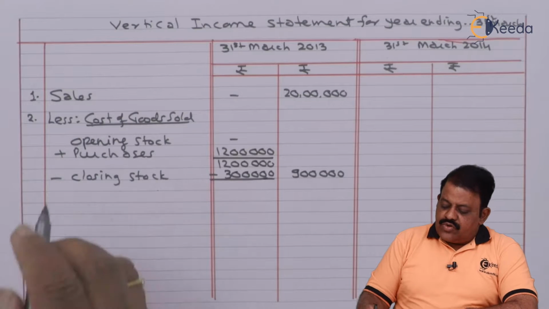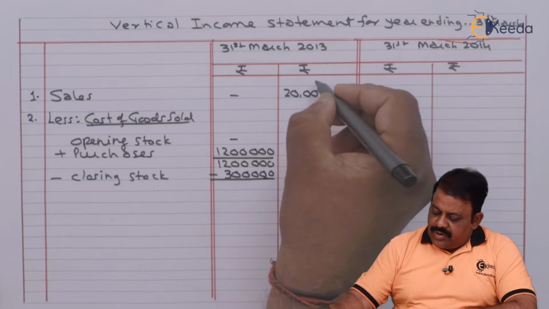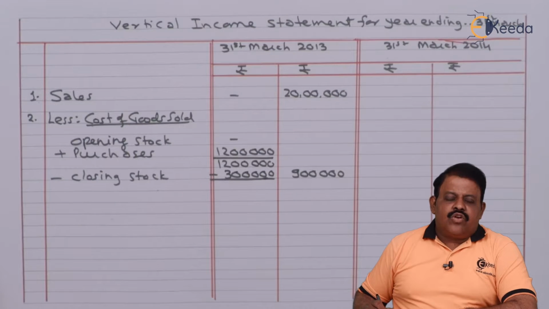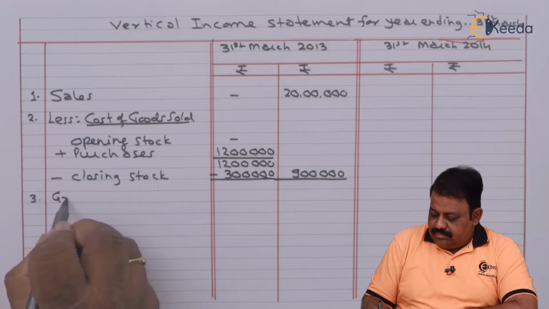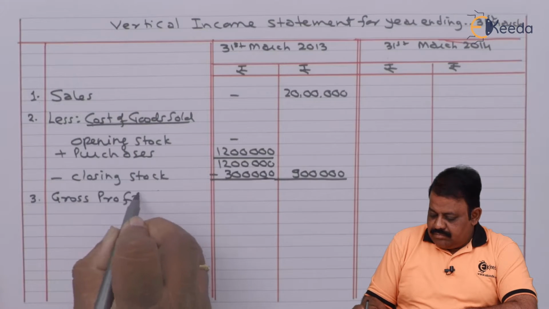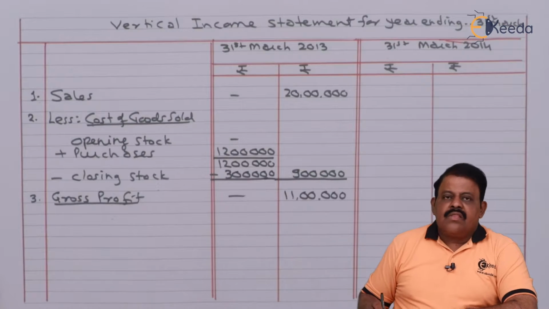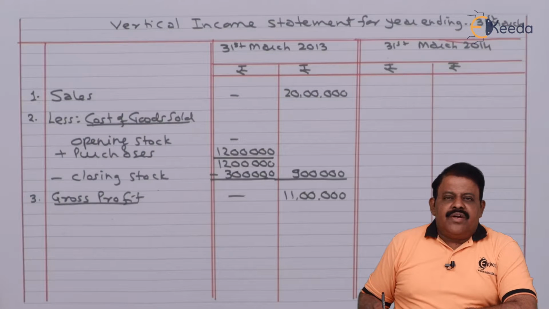So cost of goods sold we got 9 lakhs for the first year. From 20 lakhs we will be deducting this 9 lakhs to arrive at gross profit. It is 11 lakhs.